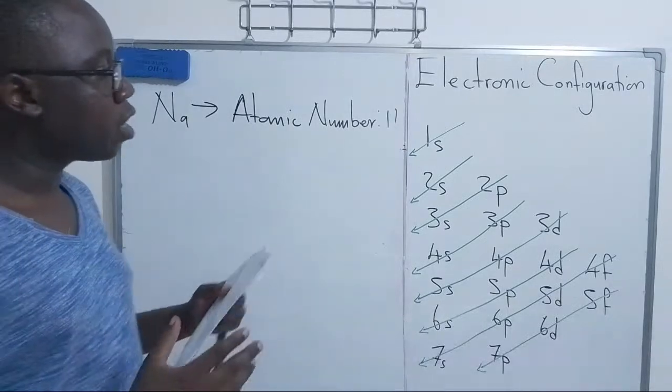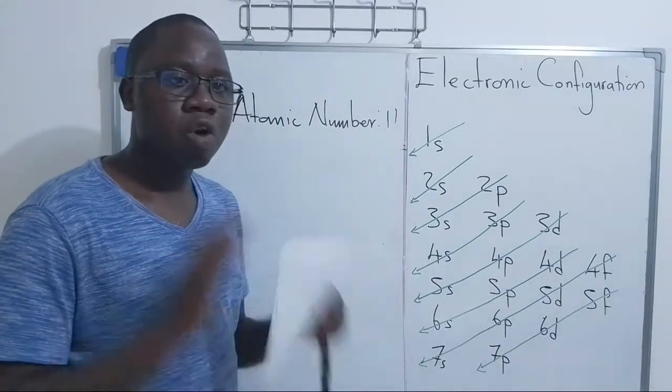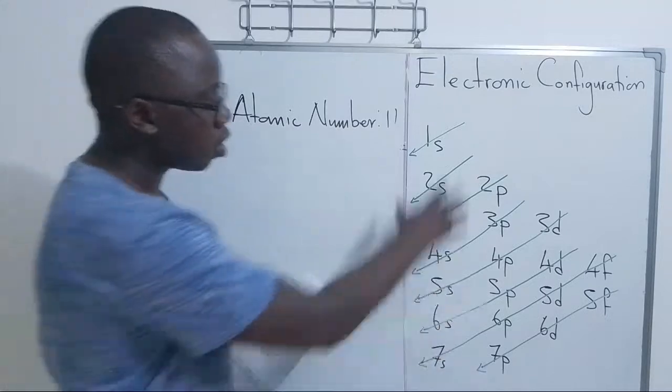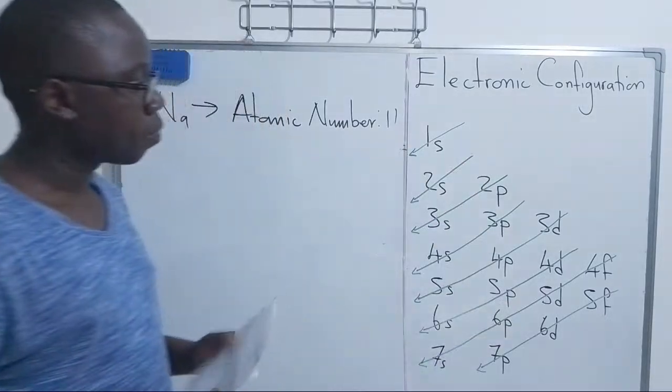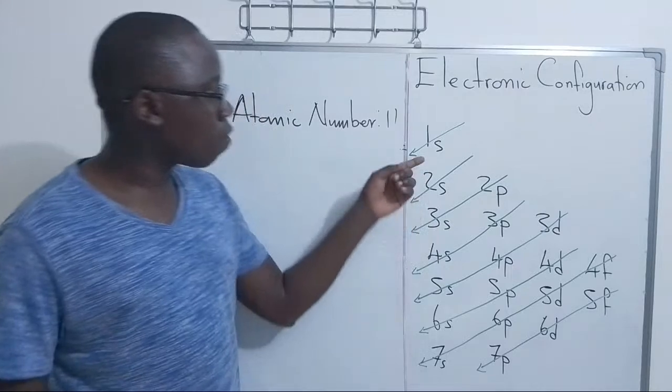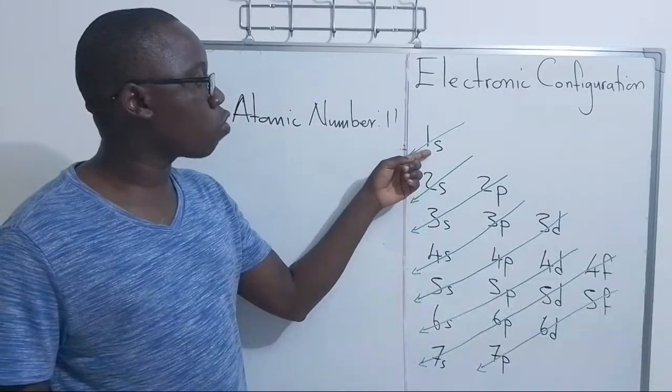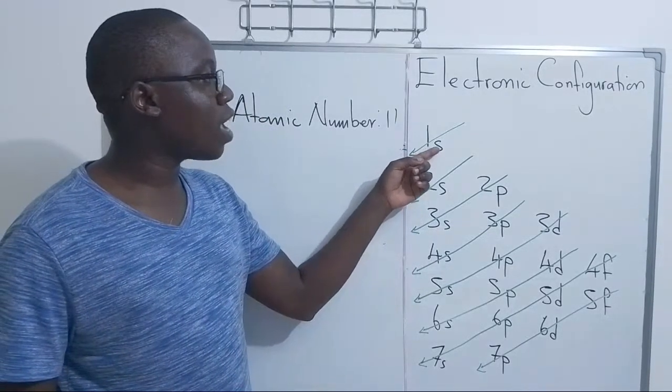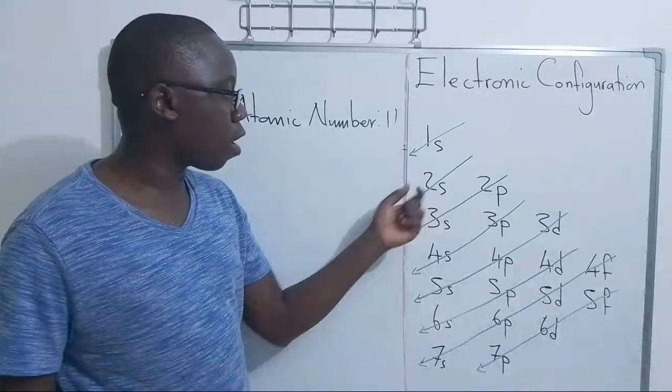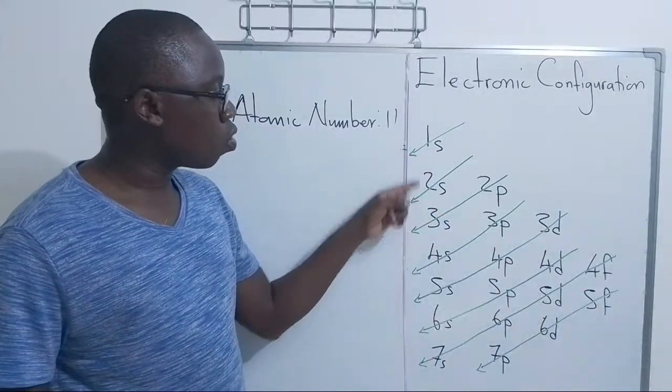So let's write the electronic configuration of sodium using this model that we have here. This model tells us that the first electron should occupy the 1s orbital level.